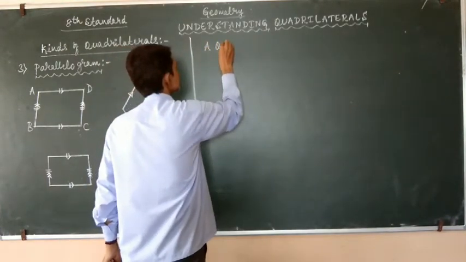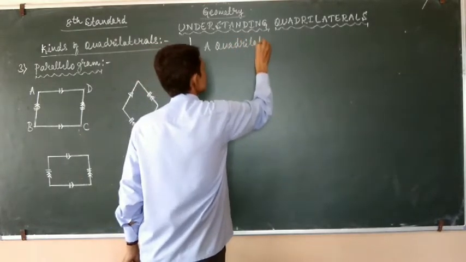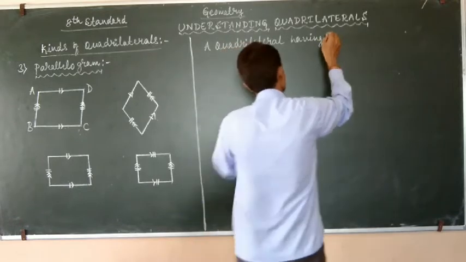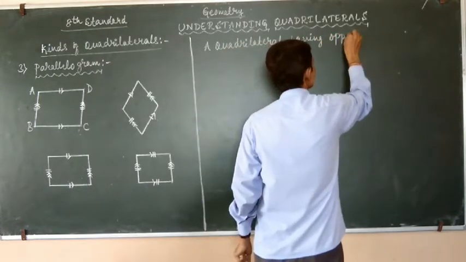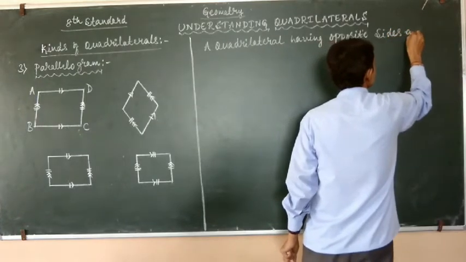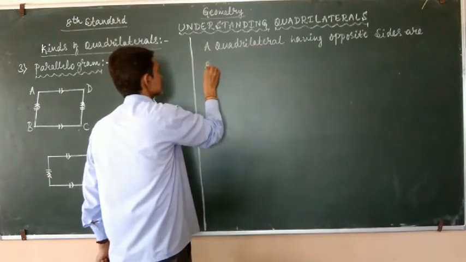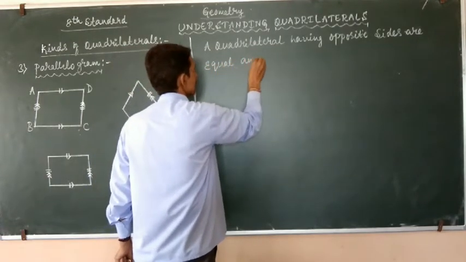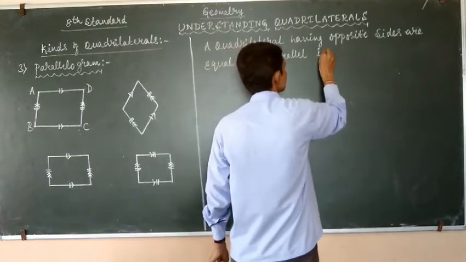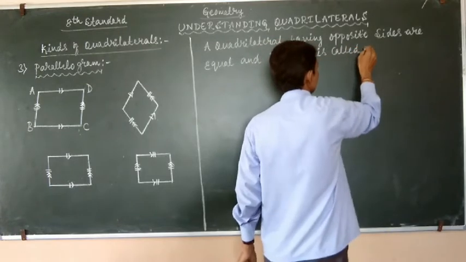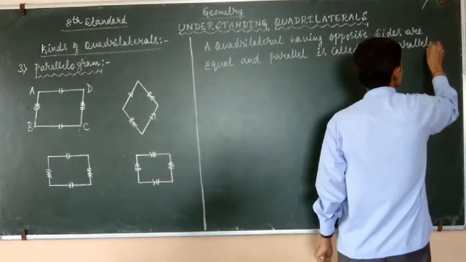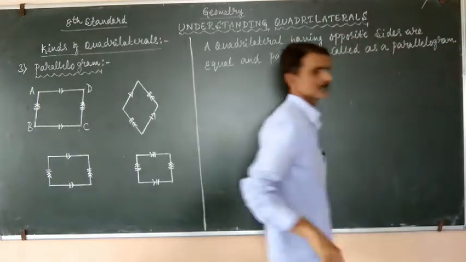A quadrilateral having opposite sides equal and parallel is called a parallelogram.